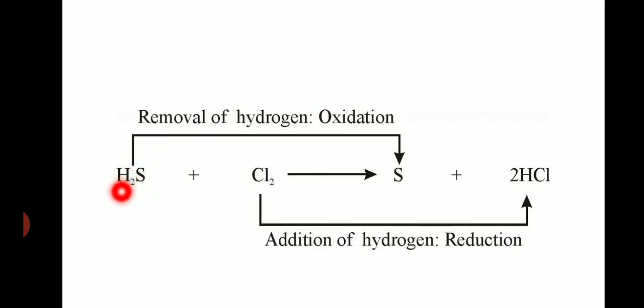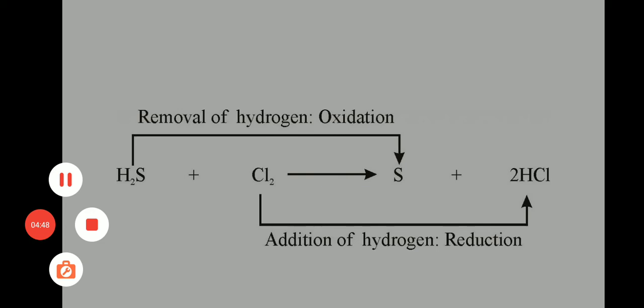So hydrogen sulfide is the substance undergoing oxidation and chlorine undergoes reduction. Hydrogen sulfide is the oxidized substance. Chlorine is the reduced substance. Hydrogen sulfide is a reducing agent. Chlorine is an oxidizing agent.